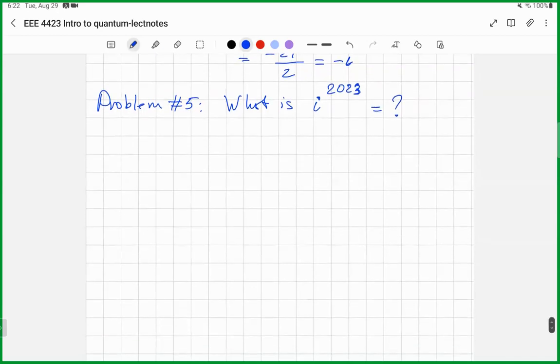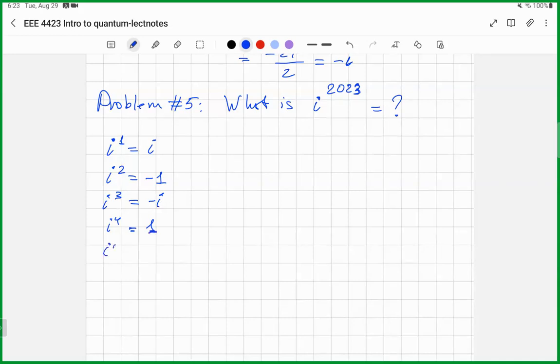So to figure that out, we can first consider i to the power of 1, which is obviously just i. Then i to the power of 2 is minus 1, as we just figured out. i to the power of 3 is equal to minus i. i to the power of 4 is equal to 1, because minus i times i gives us 1.